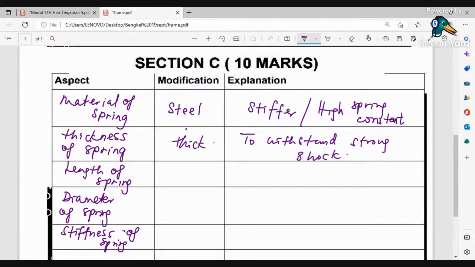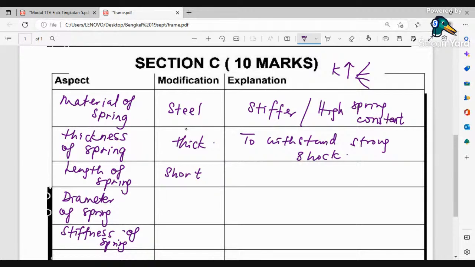Length of spring should be short, because this one for shock absorber we want it to be able to overcome very strong shock. So mesti value of K is larger. K must be larger. Okay, so you just look at the 4 factors that affect K. So how to make K larger?